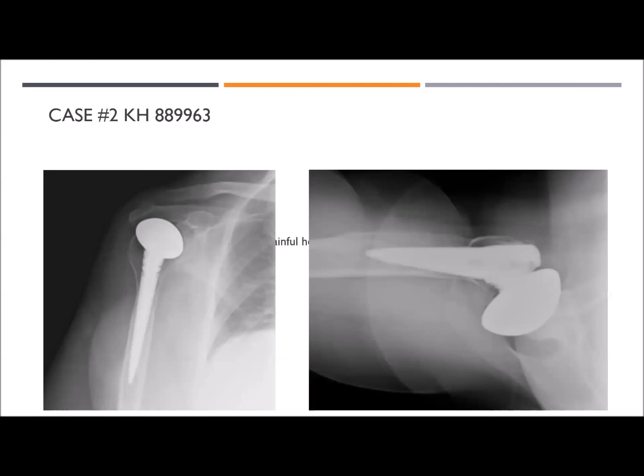For me, instability is much more frequent when I'm doing a revision, and there's a whole host of issues that contribute to that. I think it's actually quite rare that it's the patient doing something they shouldn't that creates the instability. I've had maybe a couple of people here and there trying to pick up a really heavy case of water from Costco, about 40 pounds' worth, instead of unloading it.